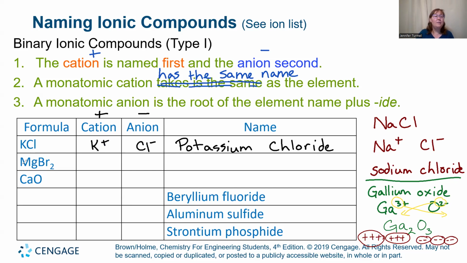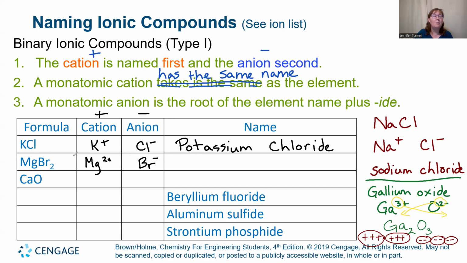Okay. This Mg and this Br. So I have Mg and Br. And if I look these up on my ion list, I see that magnesium is a 2 plus. And again, you should be pausing. You should be finding every single one on your ion list. If you're not familiar with those ions in your ion list, you will not be able to use them when it comes time to take the test.